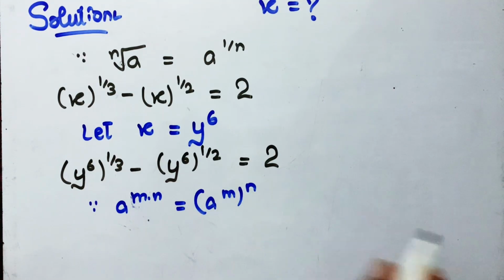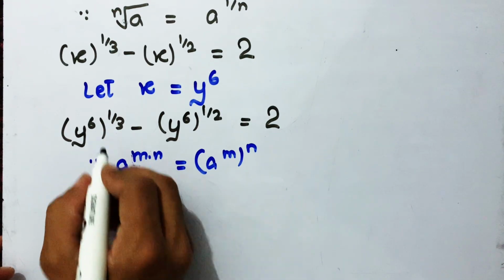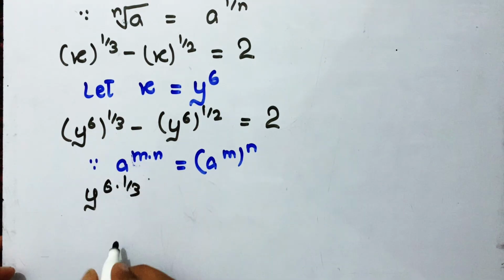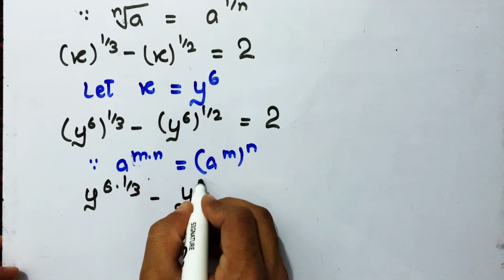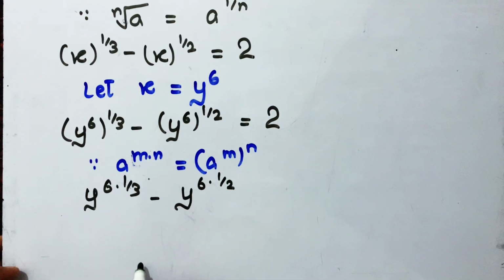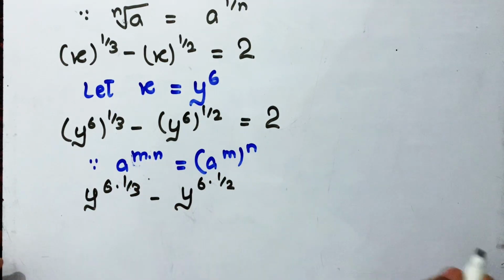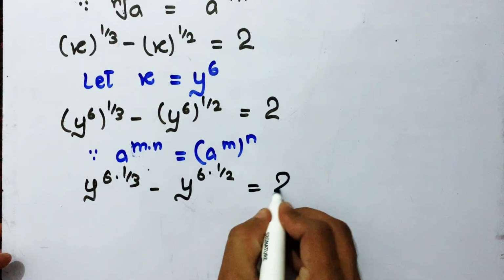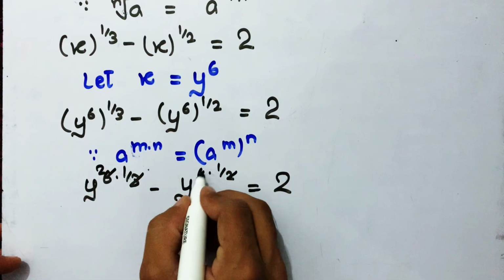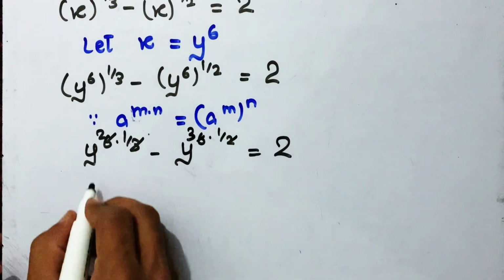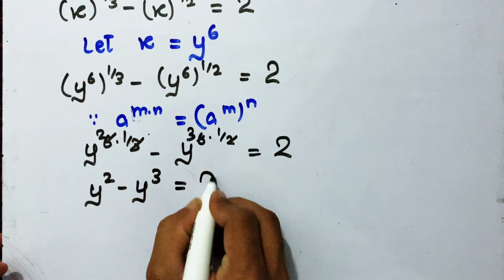Same base, so y to the power of 6 times 1/3 minus y to the power of 6 times 1/2. Power multiplied means the whole power is equal to 0. So cancel it out: 2 sixes are 6, 2 threes are 6. y square minus y cube is equal to 0.